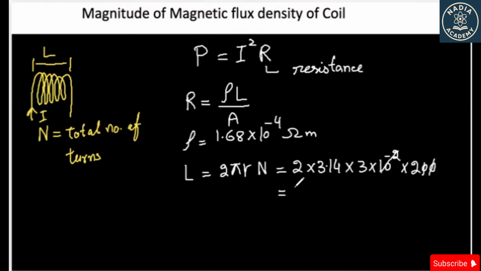So this is going to be approximately 37 ohm. This is approximately the resistance of our coil.